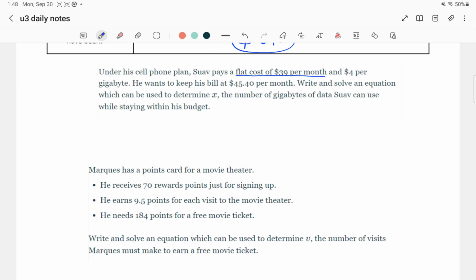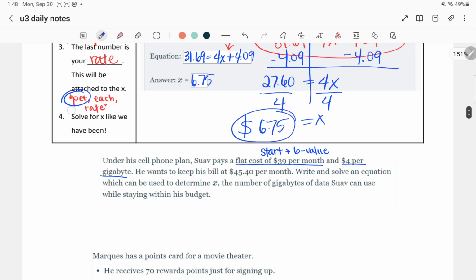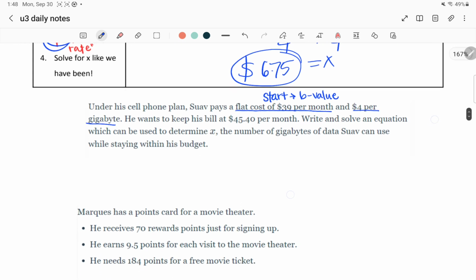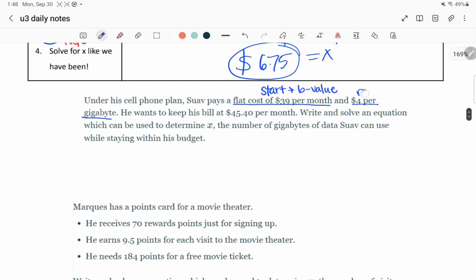That's always going to be tacked onto his bill. That makes me think that is the start, or that's going to be my b value. And $4 per gigabyte. Remember, we said the word per is always our rate. So that is going to be my m value.